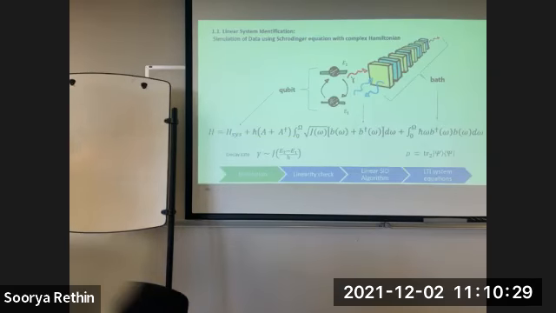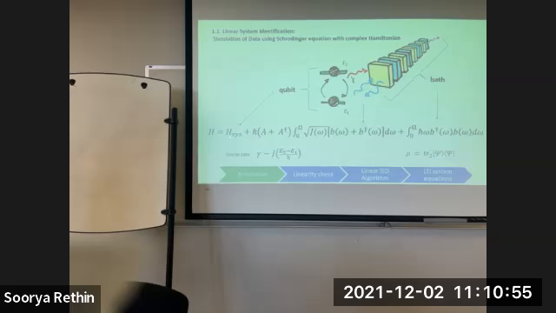So this is the first step, the first part of the presentation. What are we talking about? What data do I have? I have data simulated by the Schrödinger equation with this Hamiltonian, which includes just a two-level principal system.